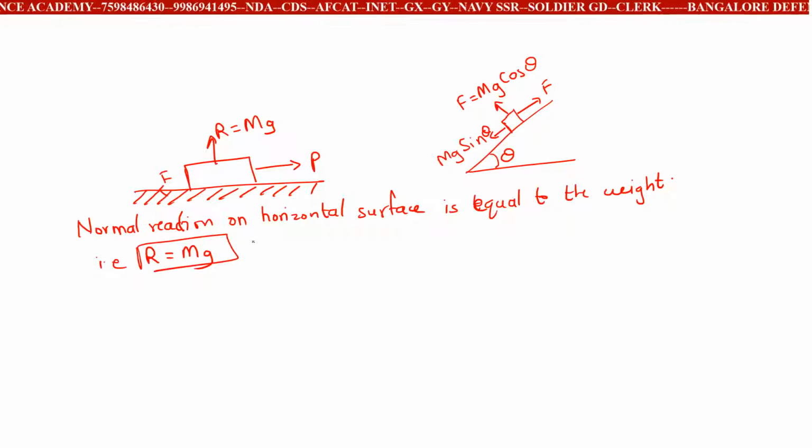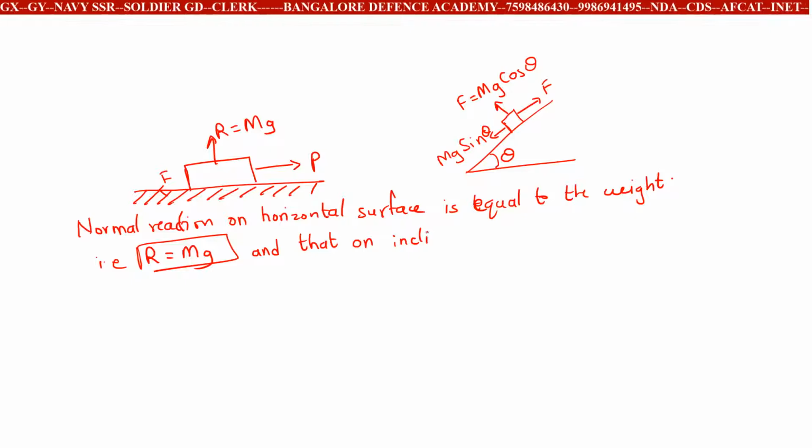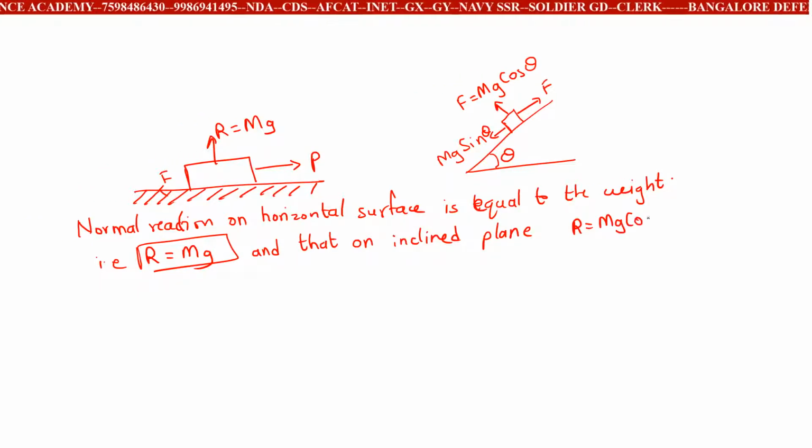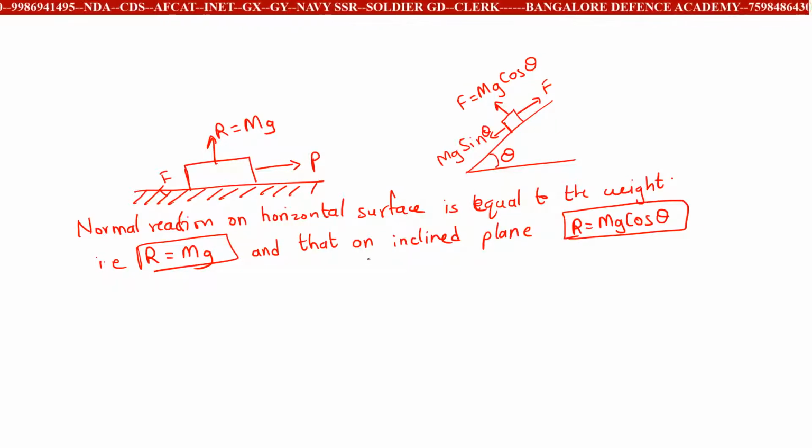Remember this, very important. R is equal to mg, and that on the inclined plane is given as in the second diagram, that is R is equal to mg cos theta.